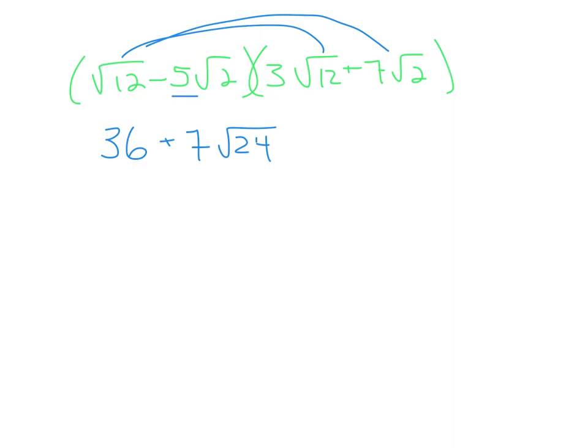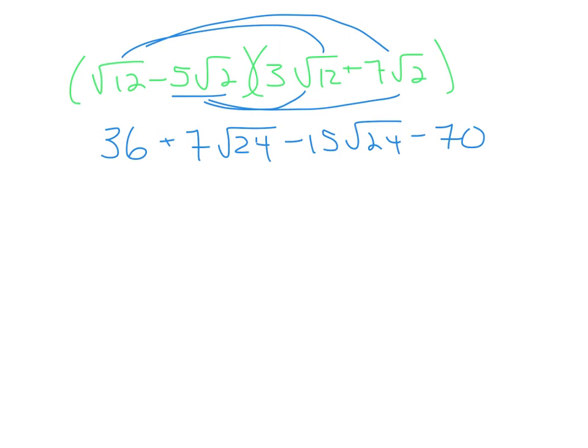And then negative 5 root 2 times 3 root 12 is going to be negative 15 root 24. And then negative 5 root 2 times 7 root 2 is going to be negative, let's see, root 2 times root 2 is 2. 3 times 5 is 35. 35 times 2 is 70. So you can write all that out or not, like I just did.